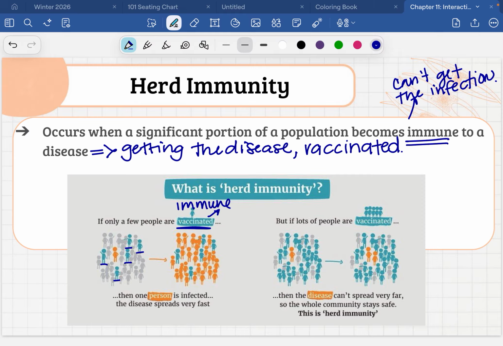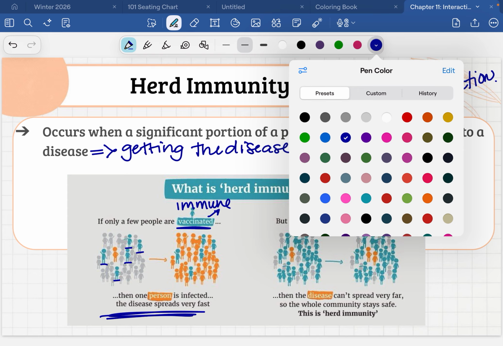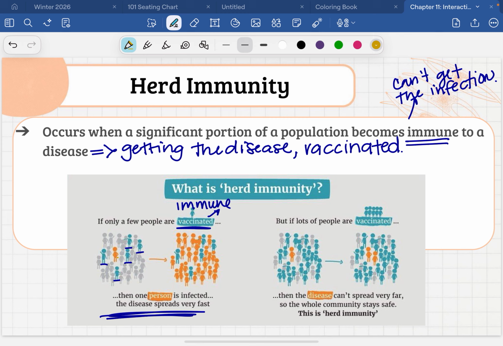But in this diagram, all of these gray people are people that are susceptible to this infection. They are not immune and they can get sick. So if only a few people are vaccinated or immune, this one sick yellow person right here can spread that illness to almost everybody else because everybody surrounding them is susceptible.